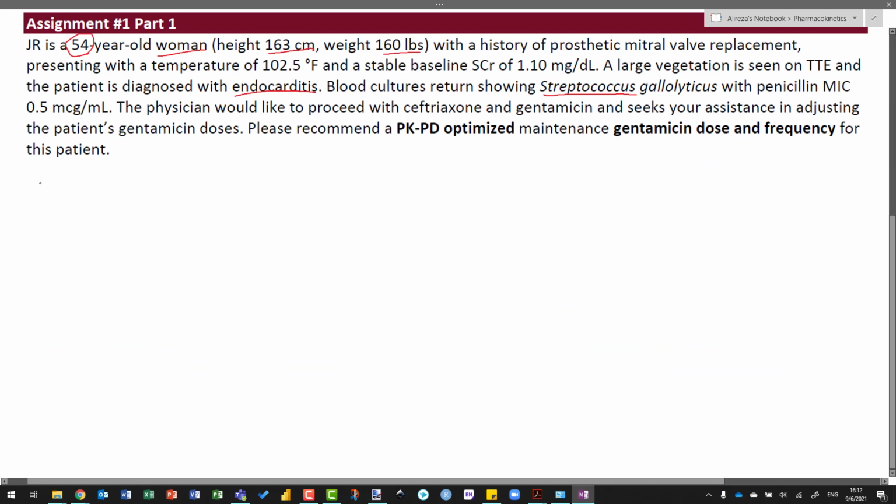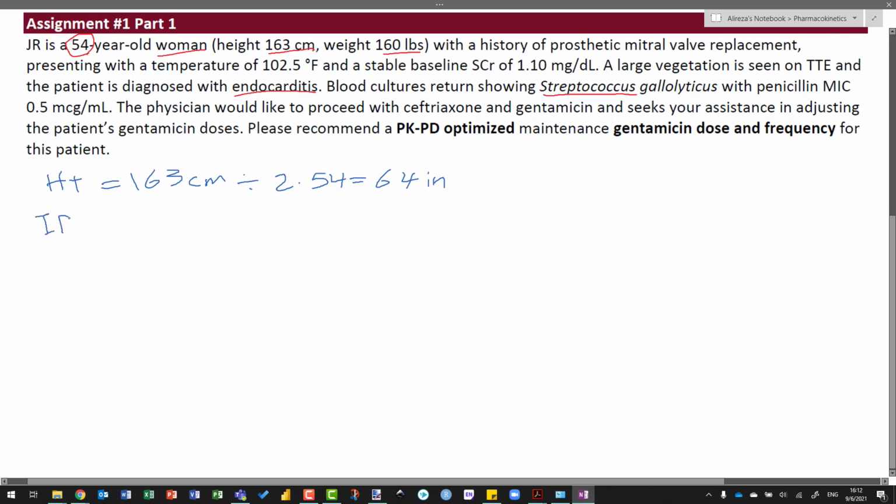Now, right off the bat, let's do some basic calculations. So the height of the patient is basically 163 centimeter, and this should be converted to inches. So if you just divide by 2.54, then you get 64 inches. Now you can use this to calculate ideal body weight.